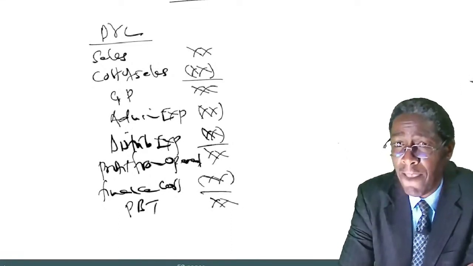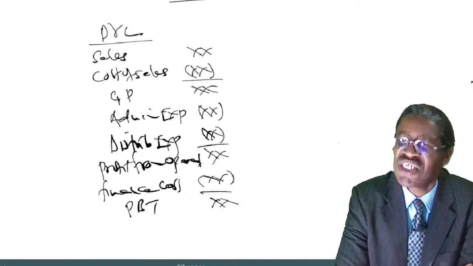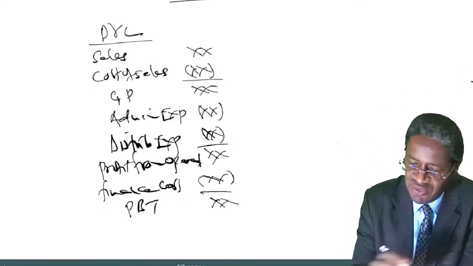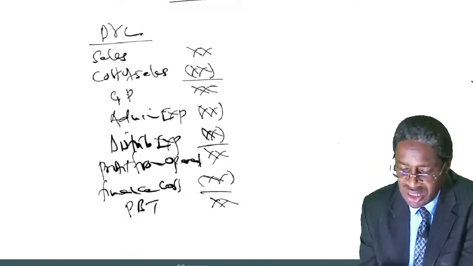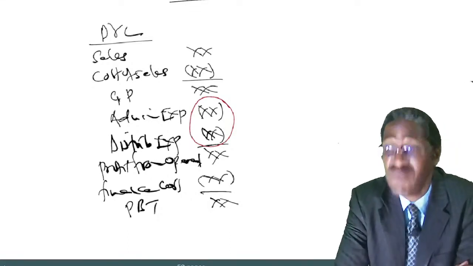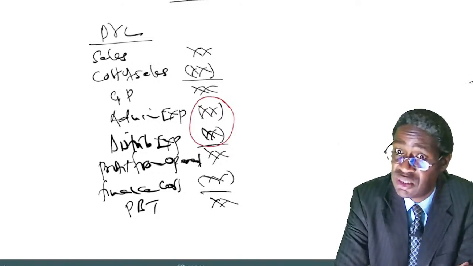Now listen, we are looking for cash paid for services rendered. What are these services? The services are the expenses. In this case, we have two categories of expenses: admin expenses and distribution expenses.